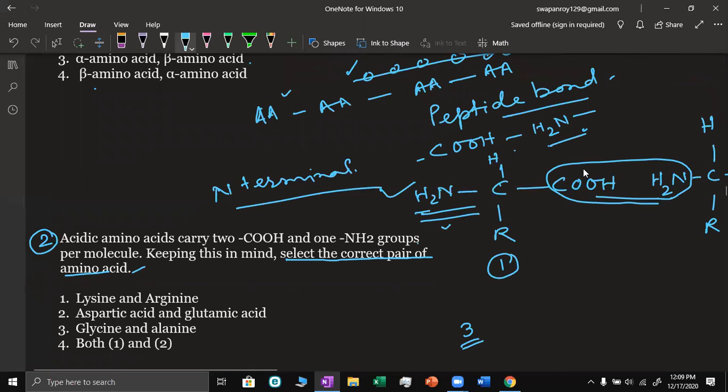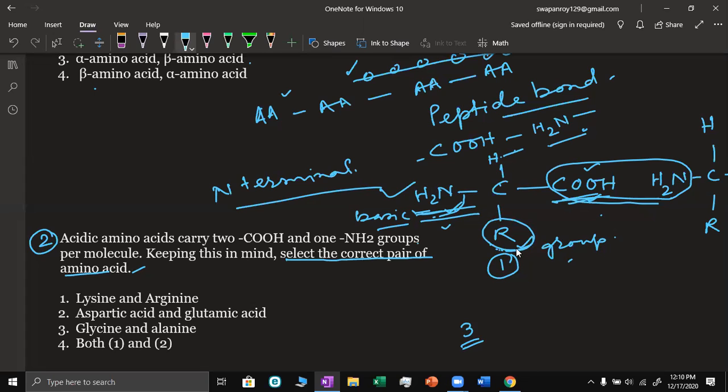This carboxylic group, because this is carboxylic acid, gives acidic nature. This amino group is basic. So the carboxylic group and the amino group, and the third one is the R group. This one is fixed, this one is fixed, and the change is in this one.